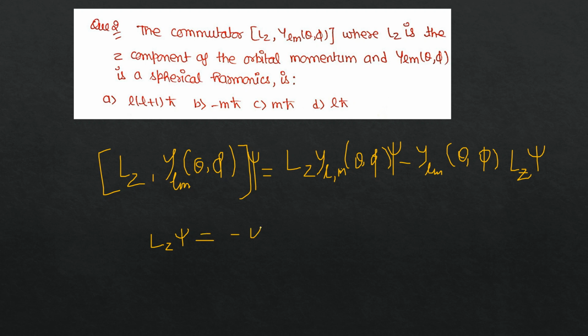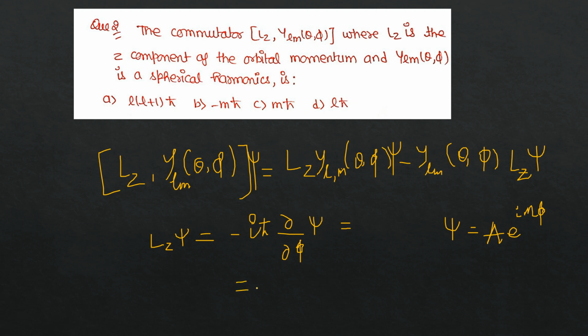Lz is minus i h cut del by del phi, and this acts on psi. For example, we can write the wave function as A e to the power im phi.